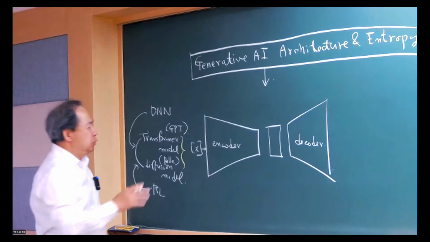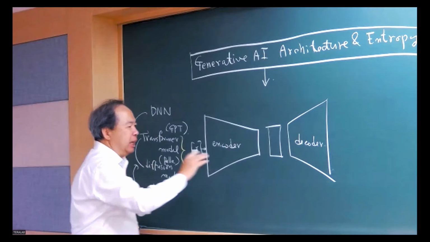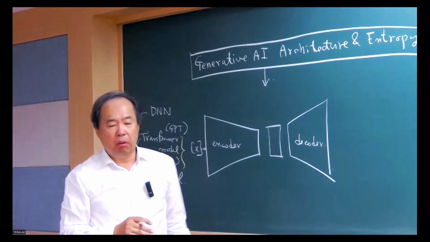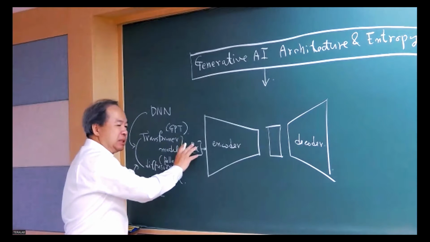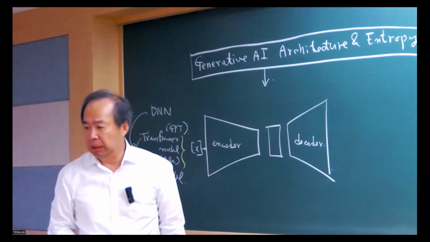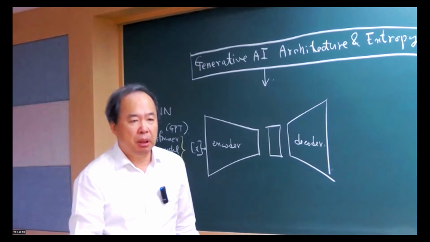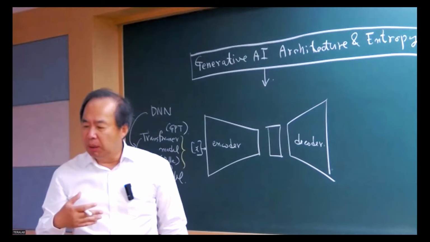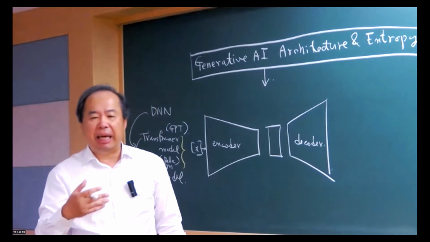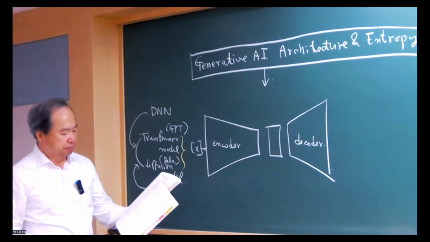In other cases, you can put an image into this generative AI and the output could be text. Or you can put in text as an input and the output could be music. So input and output may have different forms, but as far as I know up to now, 99% of generative AI has an encoder and decoder architecture.